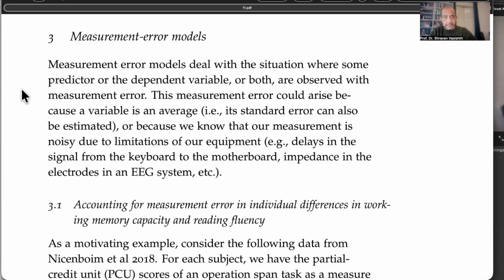In these models, one important thing that we will take into account is the uncertainty of the estimate that we have from each subject for a particular variable, both in the predictor and in the dependent variable.